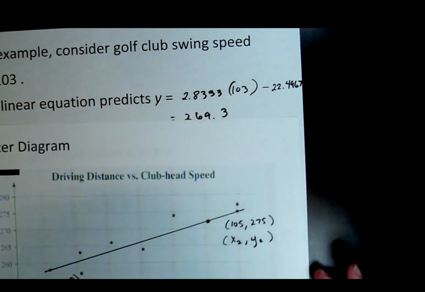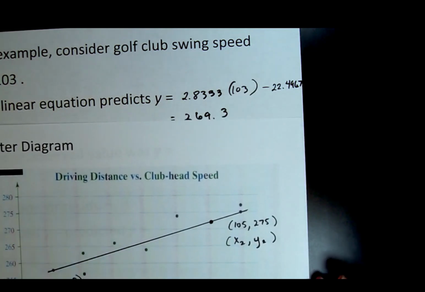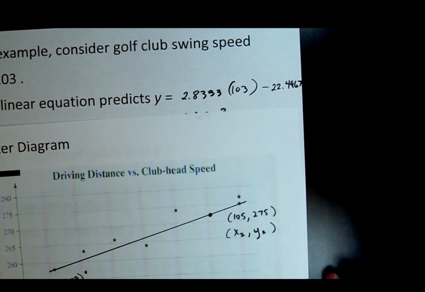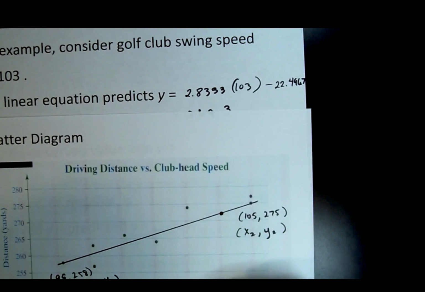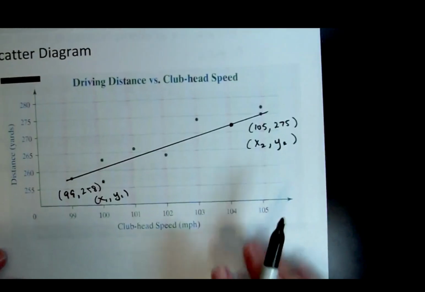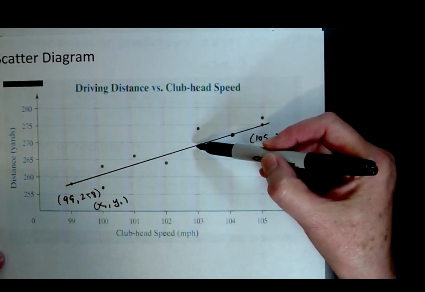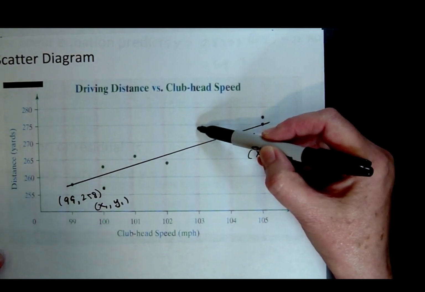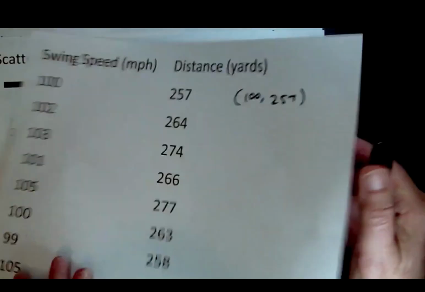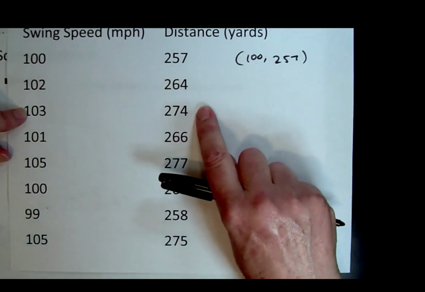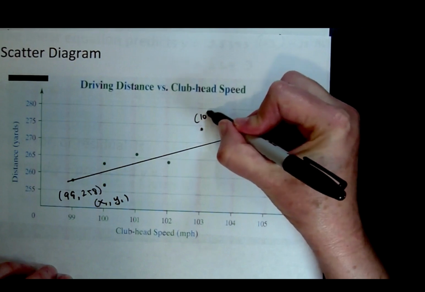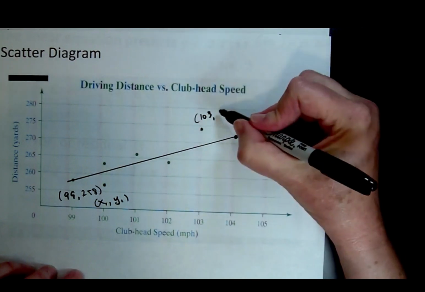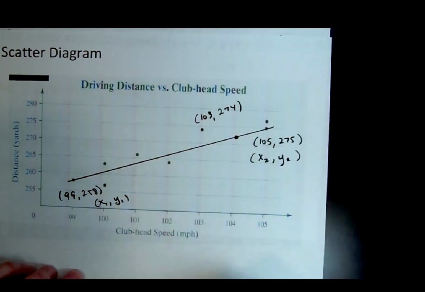But if you go back to the scatter plot, or maybe even better, go back to the data, for swing speed 103, the actual observed value was 274. So when x is 103, the actual observed y value is 274.